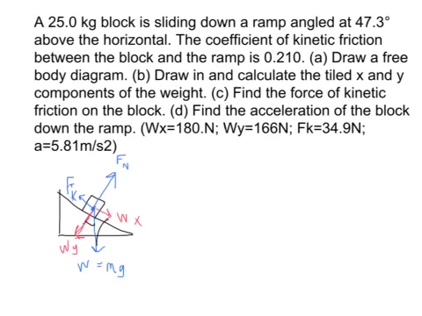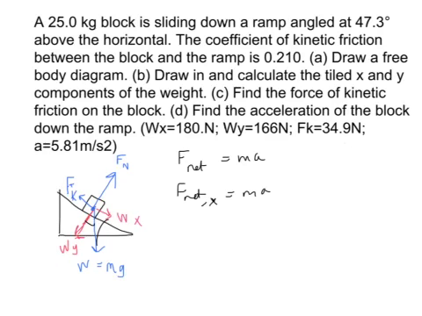So in part D, we're asked to find the acceleration. And to do this, we're going to use F net equals ma. Now the net force is simply equal to the net x force. So in place of F net on the left side here, I can plug in F net comma x. And the reason is because the y forces cancel out.